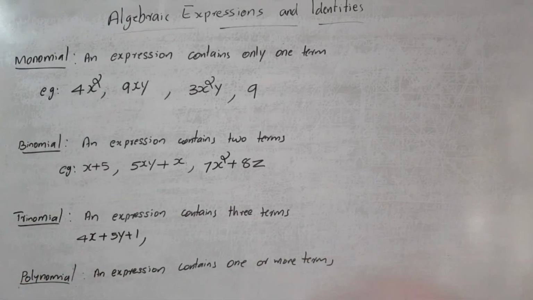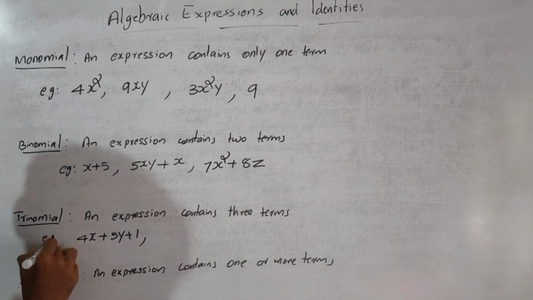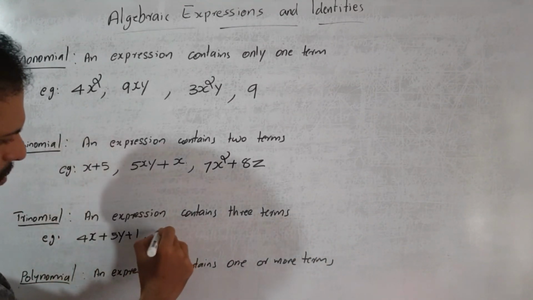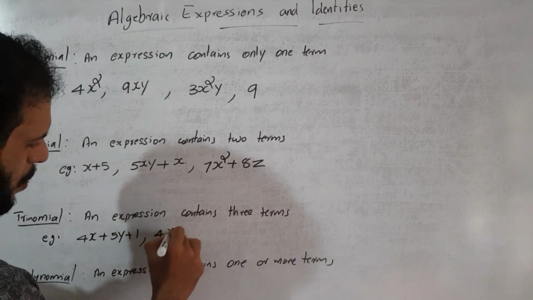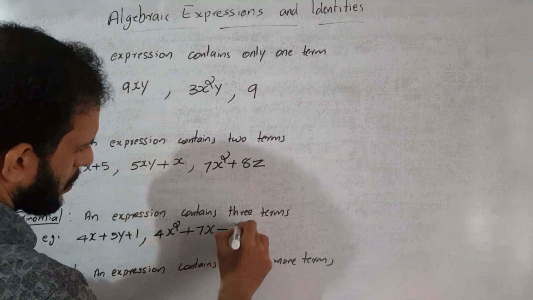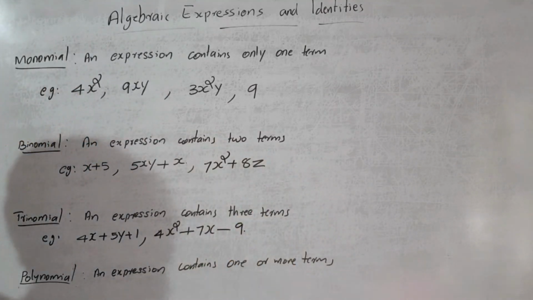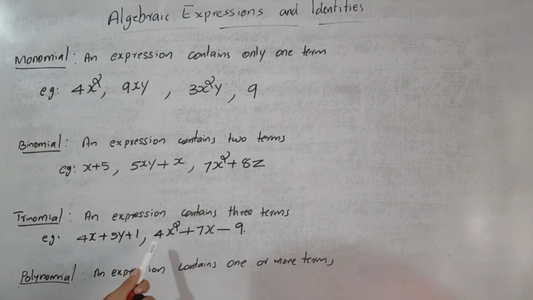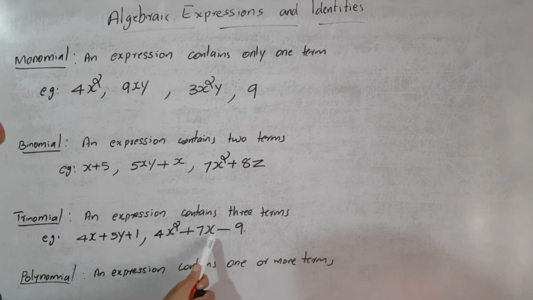So 4x plus 5y plus 1 is an expression containing three terms, so it is called a trinomial. One more example, 4x square plus 7x minus 9. What are the terms here? 4x square, 7x and minus 9. How many terms? Three terms.